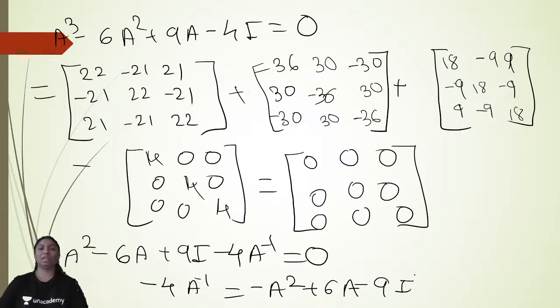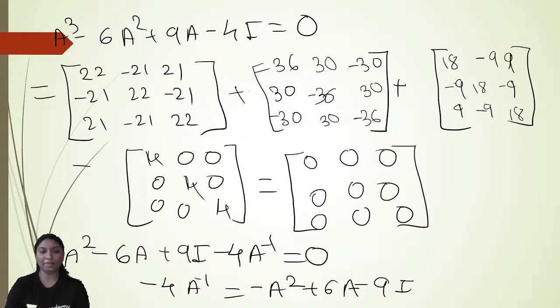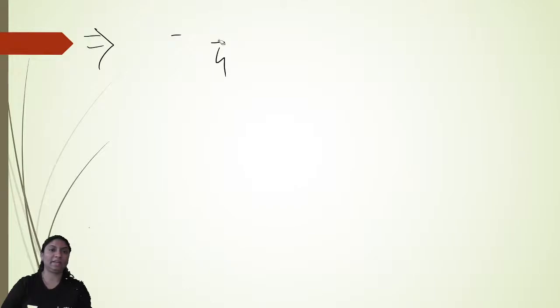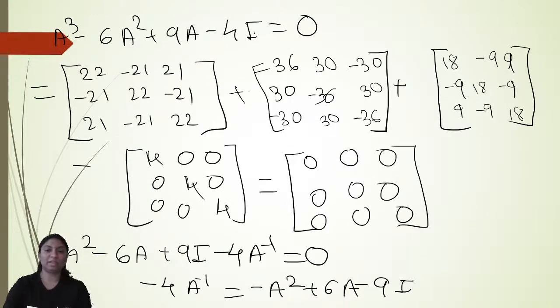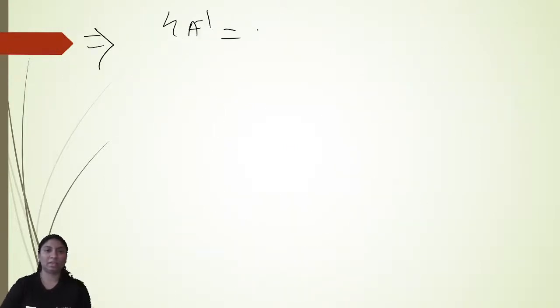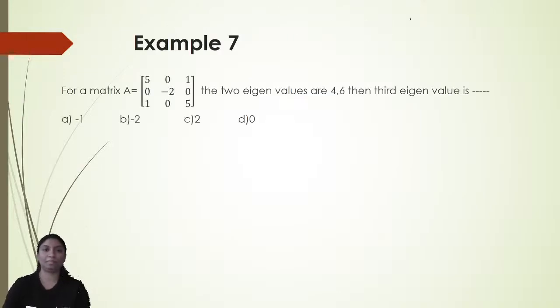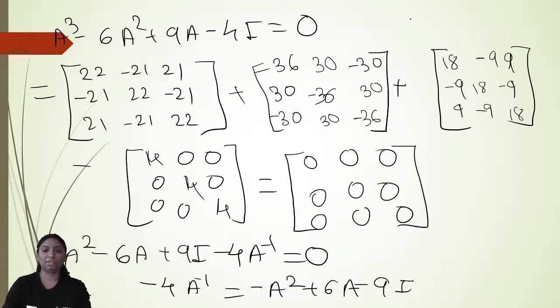Okay. So A inverse is equal to minus 1 by 4 into bracket, they are multiplying by minus sign, so we will write here first, 4A inverse is equal to A square minus 6A plus 9I.